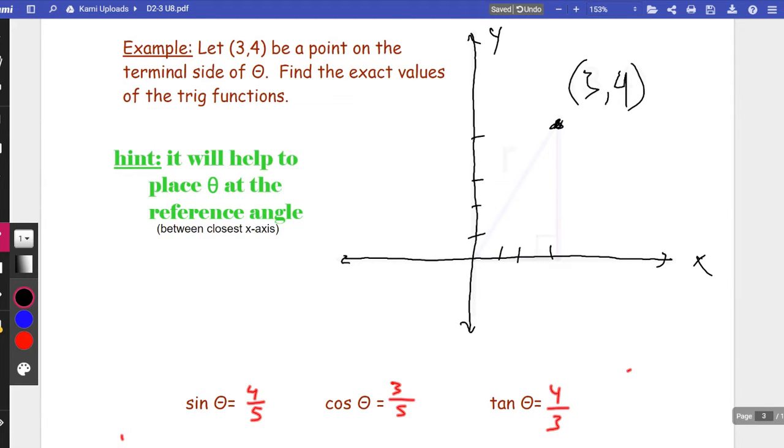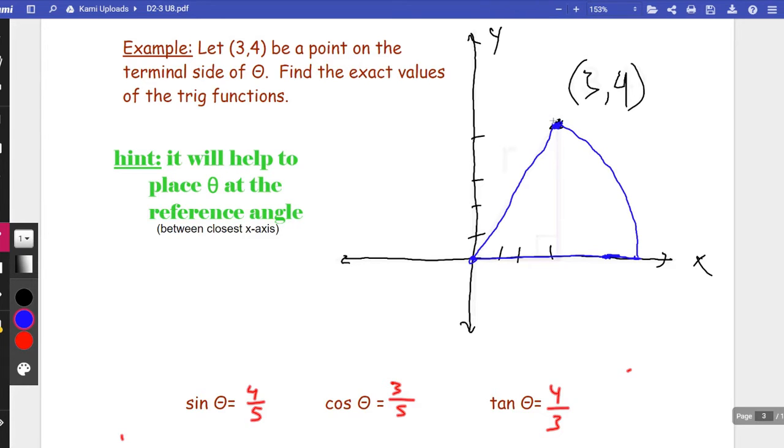If it's a terminal side of theta, so really what we just did was we created an angle of rotation. Here's the initial side, and all we did to get up to 3, 4, we had to find the terminal side. It would end at 3, 4. It'd be right there.